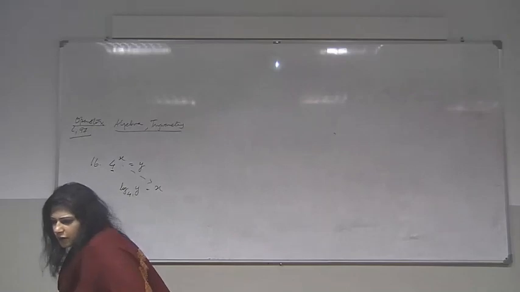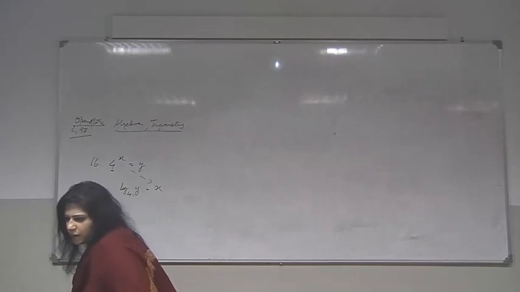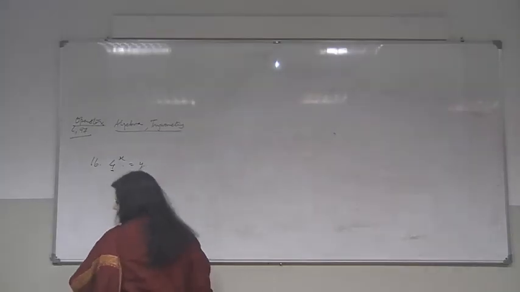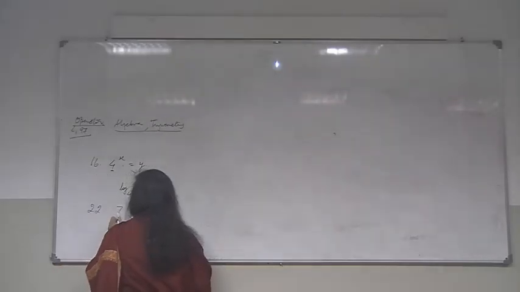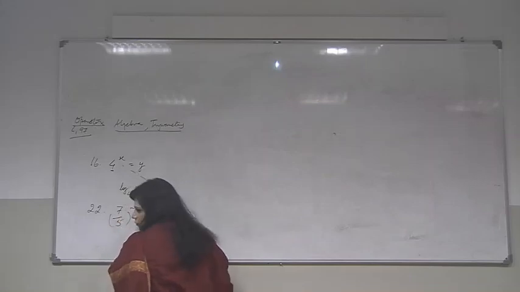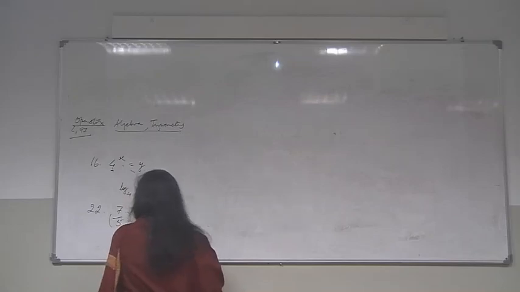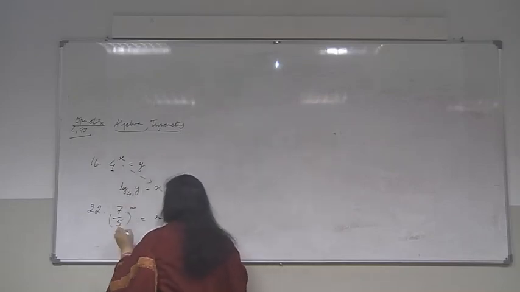Then there's a fraction form that I can do for you. 7 by 5 raised to the power m is equal to n, and this is question 22. Again, you just equate the base as b.